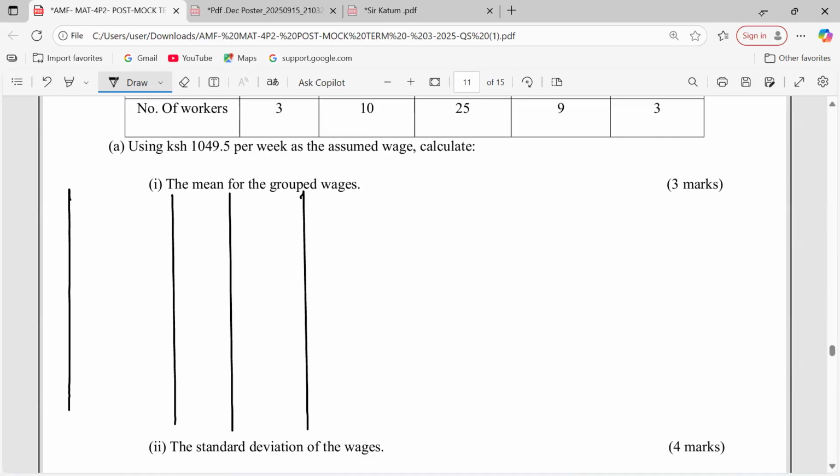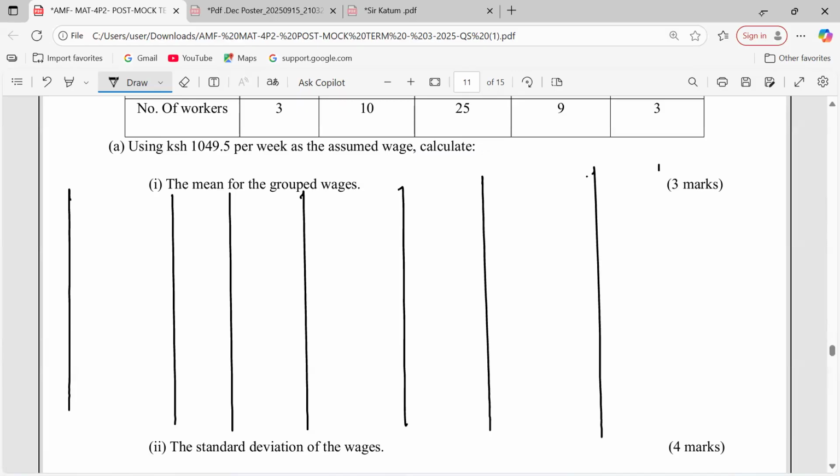Then we work the difference between midpoint and the assumed mean, T. Then FT, frequency times each difference from assumed mean. And after that, we can talk about FT squared and CF finally. So we shall fill the table step by step, depending on what we are computing at a particular time.